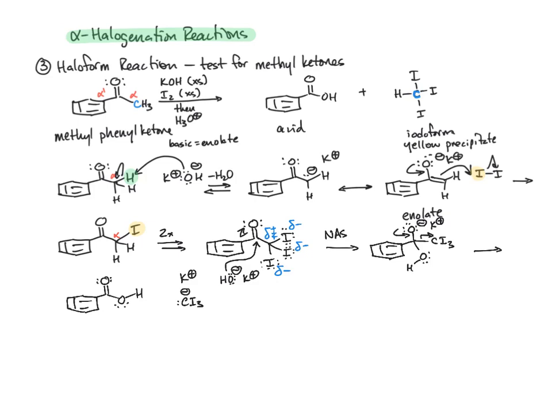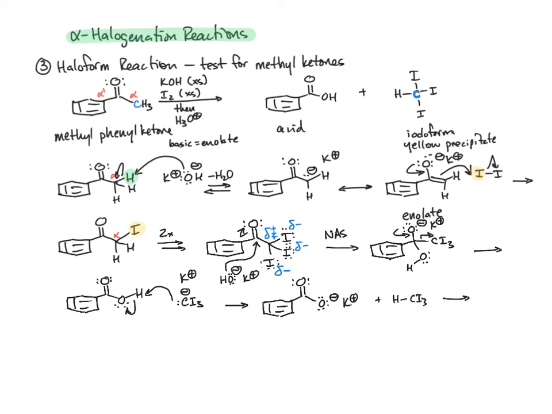That carbanion is looking for an acid to deprotonate, which we've just formed. So at this point, as the reaction proceeds, is when you will see the haloform fall out of solution. So we have the potassium benzoate plus the haloform.